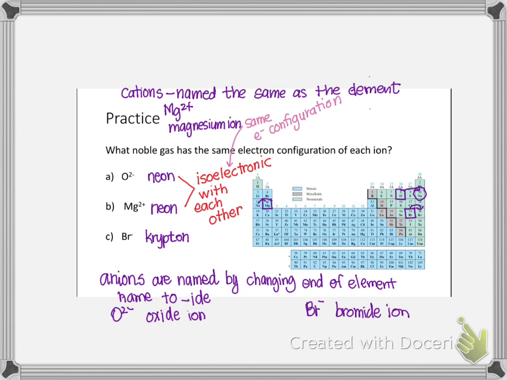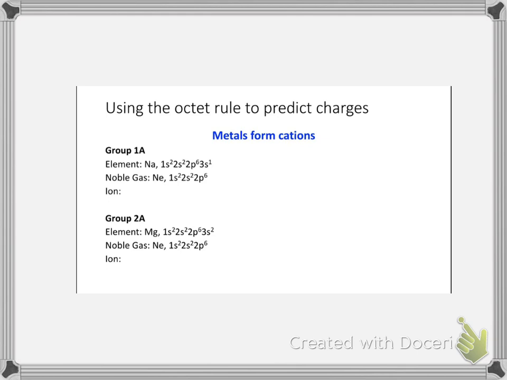All right, so let's look at electron configurations, and I want us to get a pattern. What I've done is I've taken two metals, and on the next slide I'll take two nonmetals. I've written their electron configuration and the electron configuration of the noble gas closest to them. I want us to see a pattern, and then we're going to apply that pattern to the periodic table.